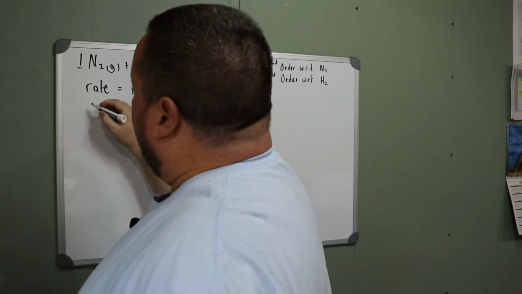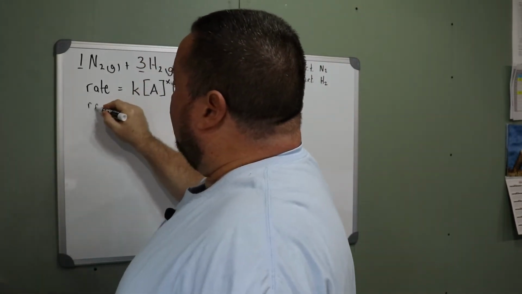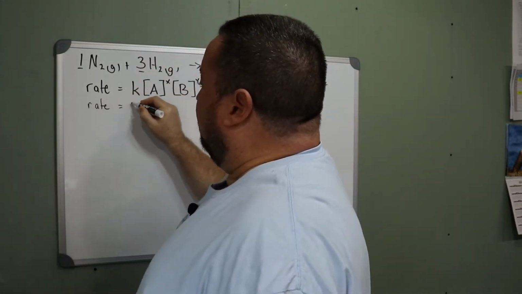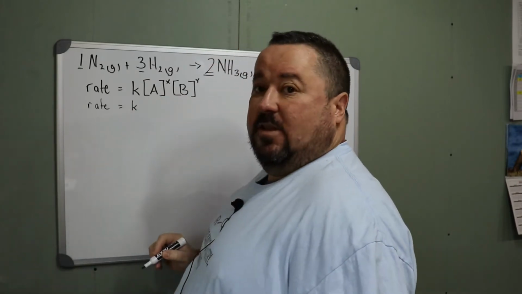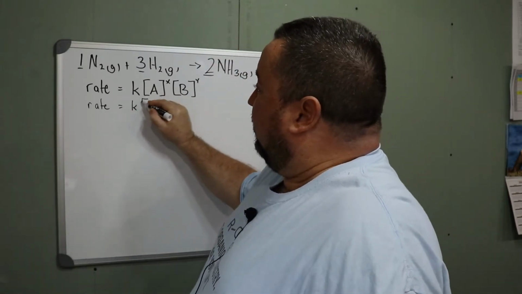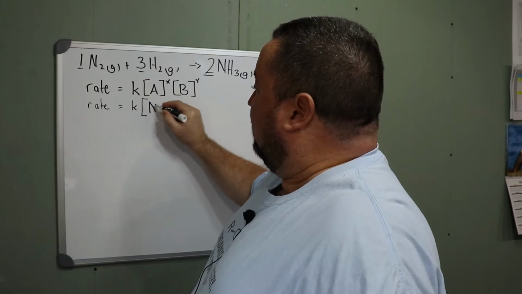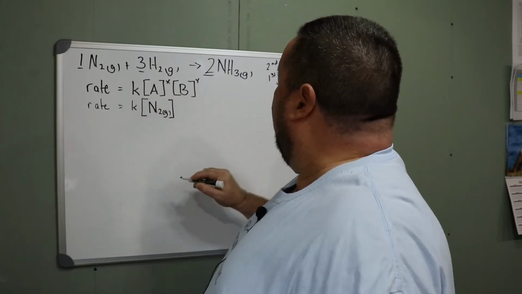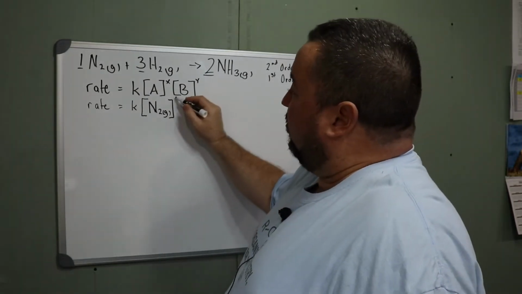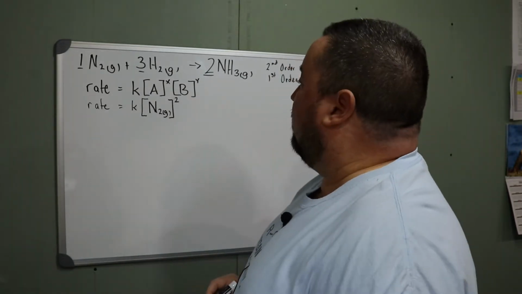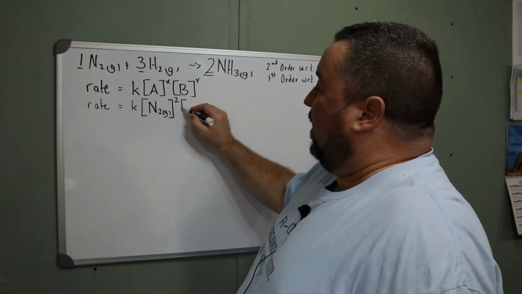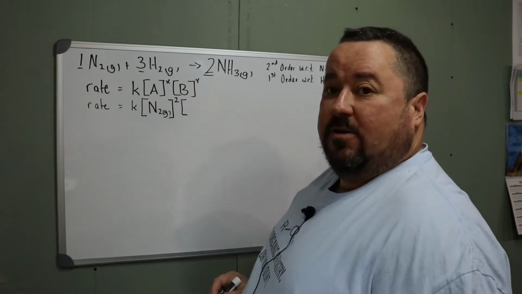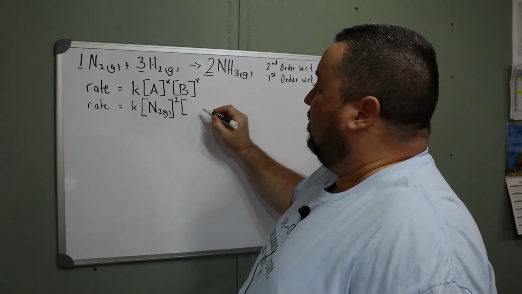So we can say that the rate is equal to the rate constant, little k. A, the first reactant, is N2 gas, and its exponent or order, we're told from the question, is 2. B is the second reactant. Remember, where this operator isn't shown, it's multiplication.